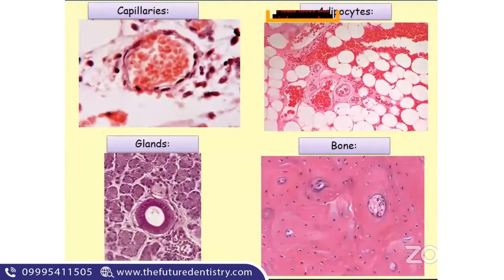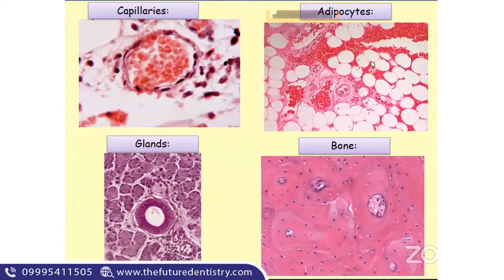Then you have capillaries, blood capillaries, very basic. You will find a lumen like this. What is a blood capillary? It's just a tube, isn't it? It's a tube with corpuscles running within it. So if you take a transverse section of it, what you're going to see is an empty space like this, not exactly empty, filled with red blood corpuscles and lined by these endothelial cells.